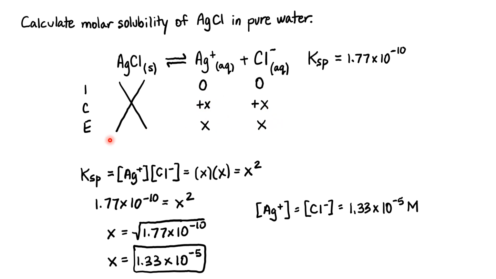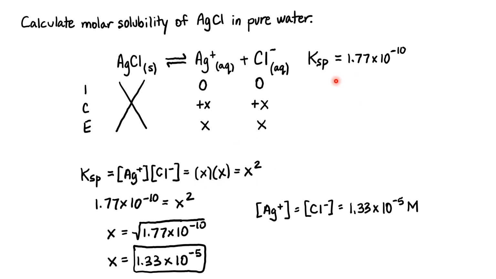So your equilibrium concentrations are going to be X and X. Now, just like all the other ice table problems you've done in the past, you take your equilibrium expression. In this case, it's KSP equals the concentration of Ag+ times the concentration of Cl-. You plug in your equilibrium concentration variables, which is just X and X. So KSP is equal to X squared.